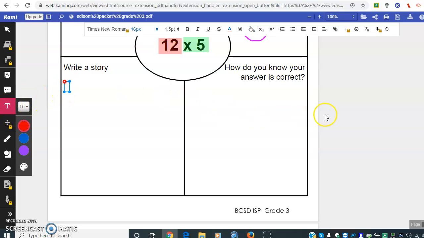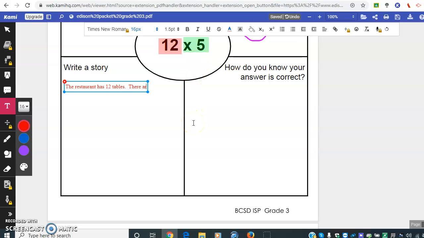Normally I start with a person, but today I thought I'd start with something different. I'm going to start with a place. The restaurant has 12, and I need to think of a container now. Let's go 12 tables. And then I'm going to say that there are 5 somethings on each table. So let's do that.